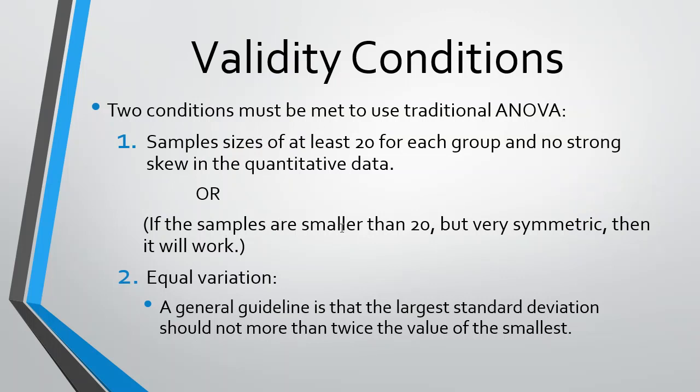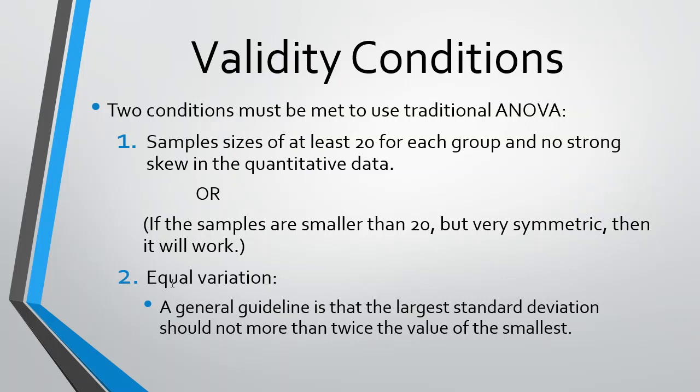There's a little caveat here. If you maybe only had 18 or 16 or something, but the data was very symmetric in each group, you can probably get away with using an F statistic. So there's a little bit of wiggle room here, but this is really what you'd like to have, is at least sample sizes of 20 and no strong skew in the data. If you had a smaller sample, but you had nice symmetric data, then you'll probably be okay.